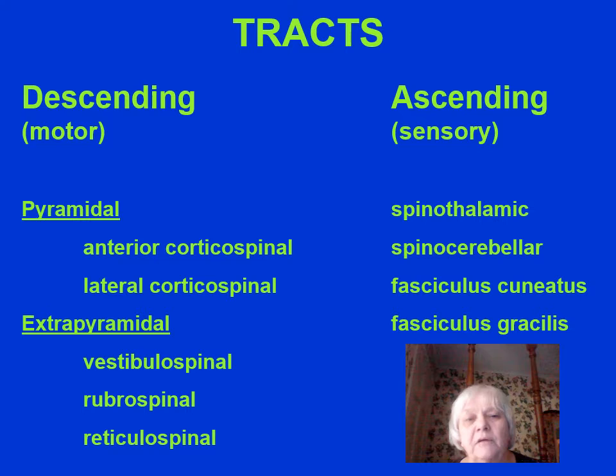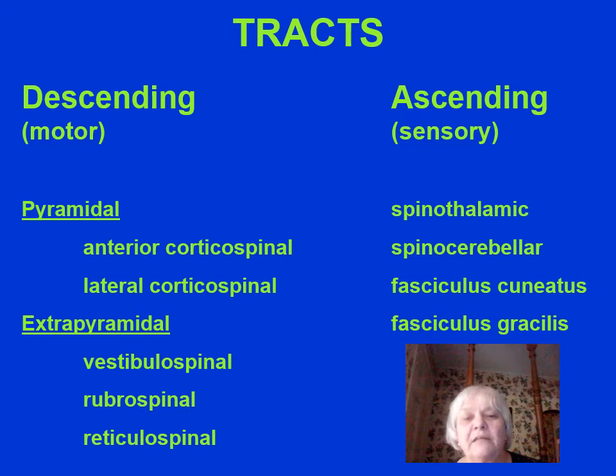Now those are your pyramidal tracts. The anterior ones control about 15% of your muscle function, with the lateral ones controlling about 85%. But this kind of varies from one person to another, which I think is very fascinating.